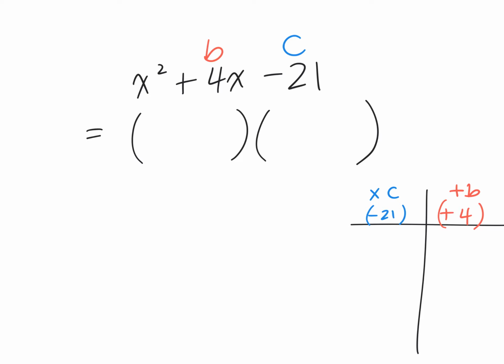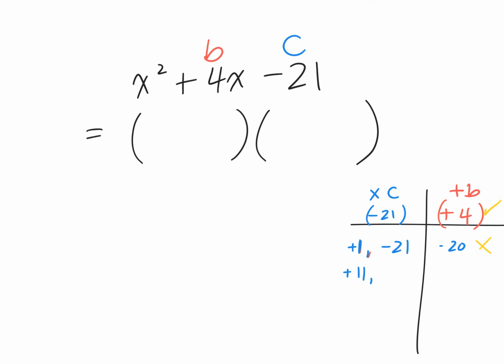What times what gives me negative 21? 1 times negative 21 gives me negative 21, right? But if I add these together, what is it? What's negative 21 plus 1? Negative 20. Doesn't work. I need to get positive 4. What are some other factors of 21?